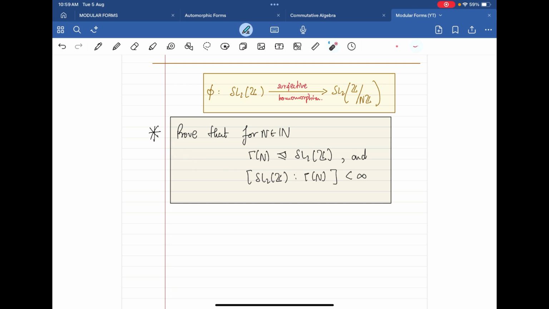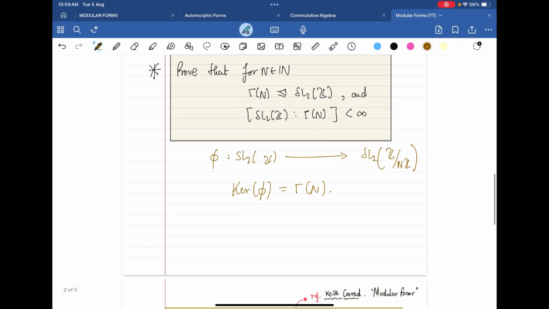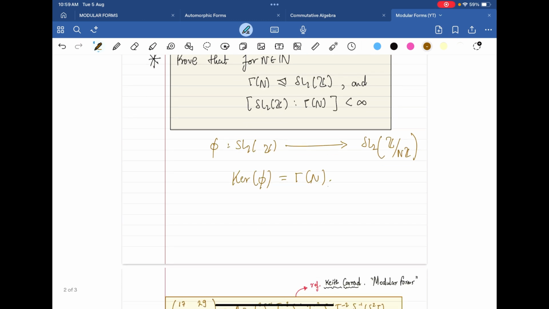So if we define this exact group homomorphism phi from SL2Z to SL2 of Z mod NZ, we will see that the kernel of phi is gamma n. It's not that hard, just a line of writing and then you will get this result.